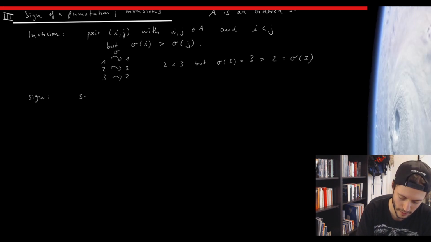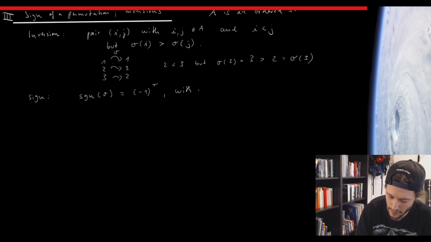Well, we say signum of sigma, the sign of sigma, equals -1 to the power of r, and by r we count the number of inversions.